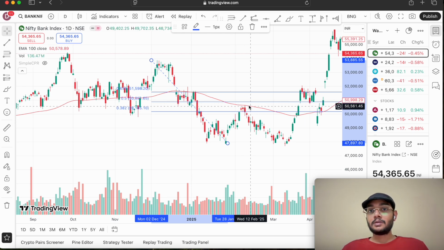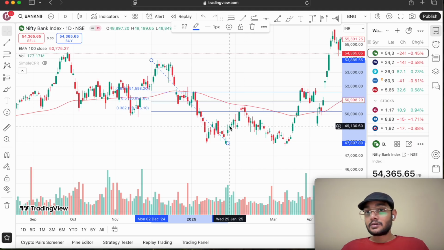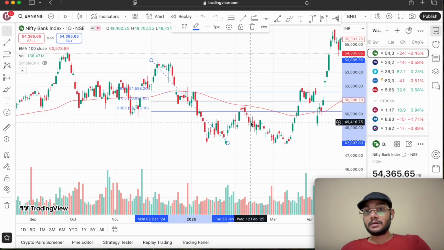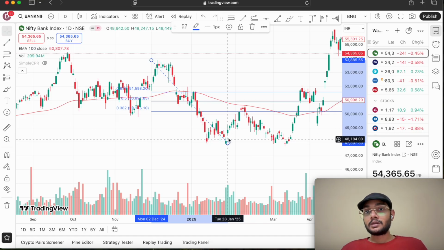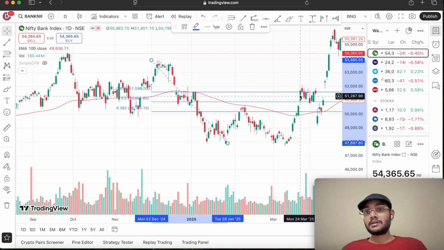With the 100 EMA combination and the 0.58 to 0.68, look at this. It beautifully happened here, right? After coming here, it touched 0.38. It came back, and then again it bounced. It stayed in the 0.58 to 0.618.